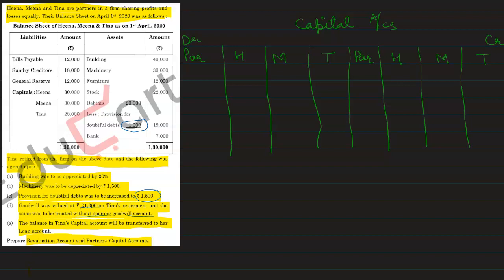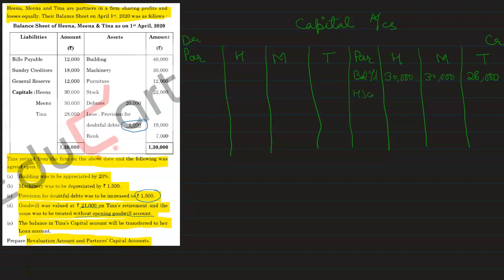Capital account starts from the credit side. So first of all, the balance carried down. That is the opening capital of each partner, which is 30,000, 30,000 and 28,000. Then goodwill. If you remember, in goodwill, Tina's capital was increasing, by Hina and Meena.